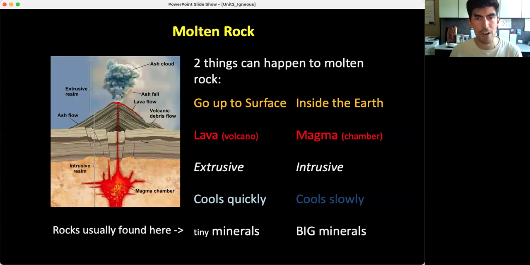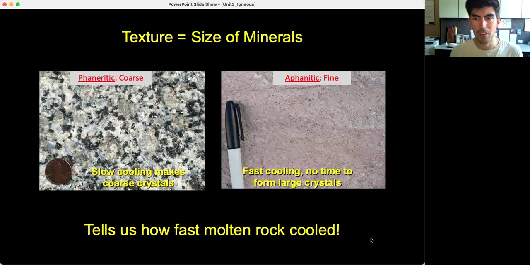So these are very helpful pieces of information by looking at the size of the minerals. Here's just an example of that. On the left side, we see a phaneritic texture, meaning the size of minerals. And phaneritic comes from the Greek root, to see with the eye.